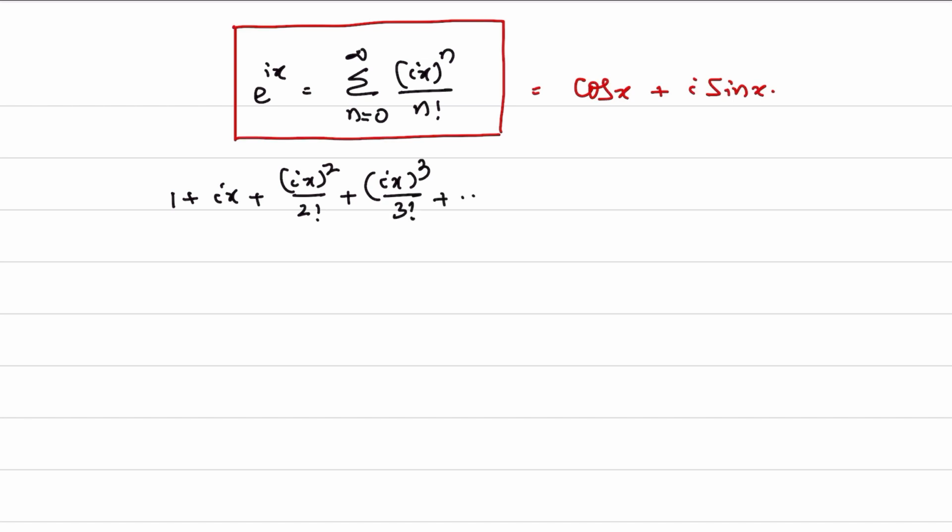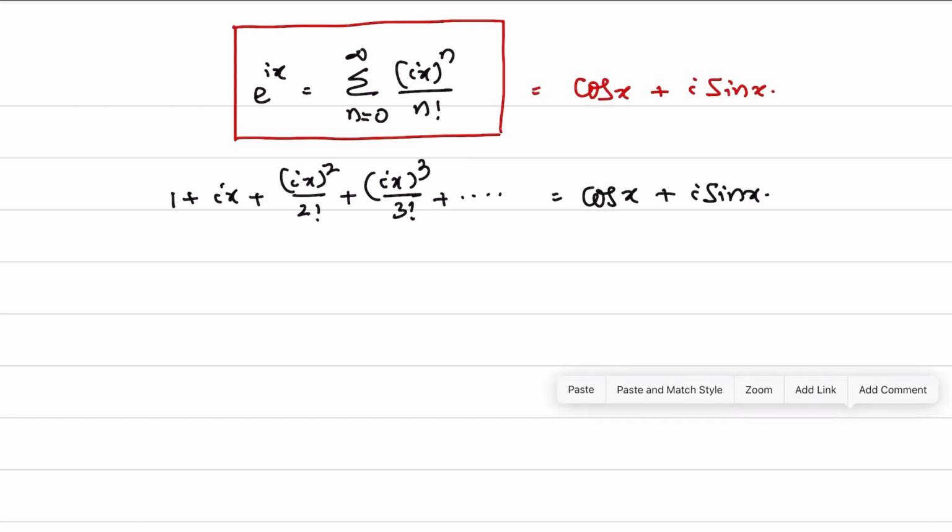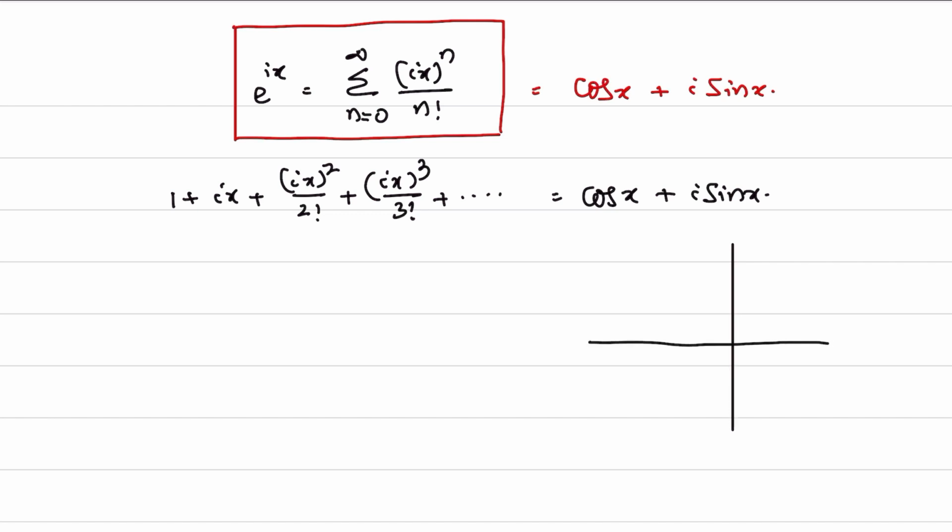This also we have discussed at length in the last class. That is equal to cos x plus i sin x. And for any algebraic or complex number we are dealing with, let's have a geometrical interpretation also.